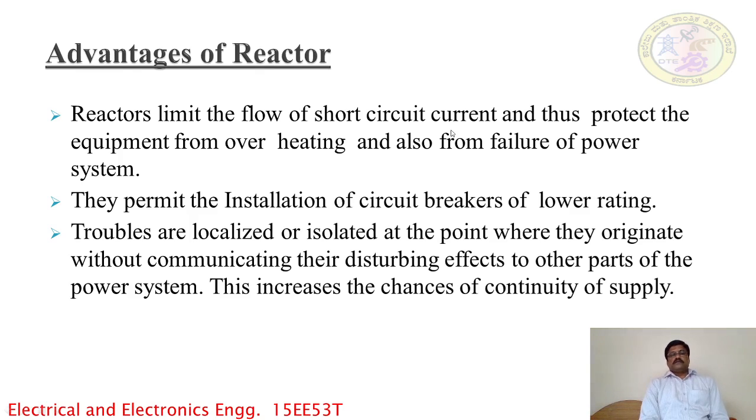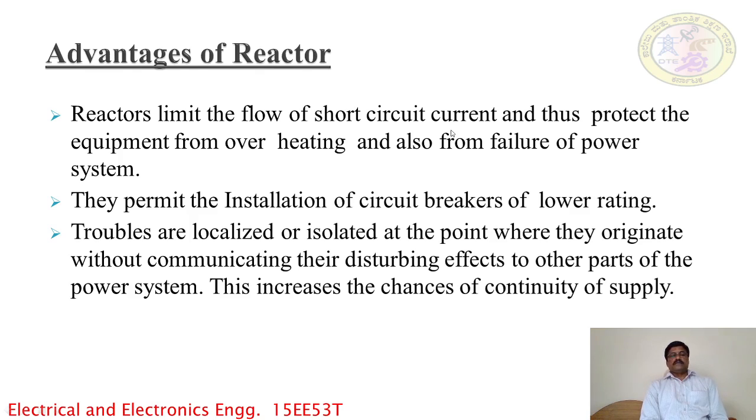So wherever the fault location is in a transmission line, the reactors are connected so that the faulty part is isolated from the given system. From the observation of reactors connected in the power system, the conclusion is that troubles are localized or isolated at any point in the power system. They originate without communicating their disturbing effect to the other parts of the power system.